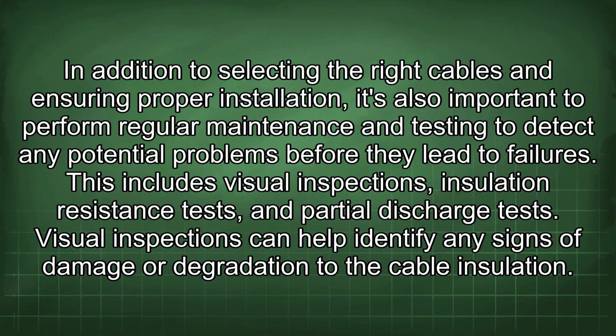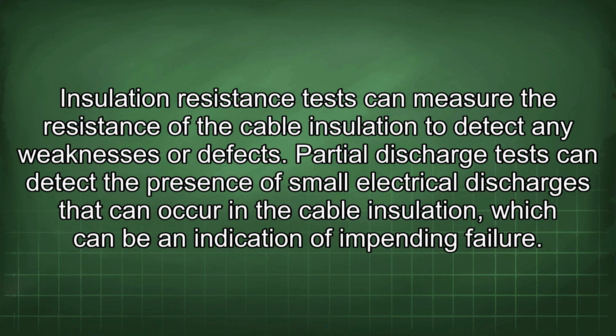In addition to selecting the right cables and ensuring proper installation, it's also important to perform regular maintenance and testing to detect any potential problems before they lead to failures. This includes visual inspections, insulation resistance tests, and partial discharge tests. Visual inspections can help identify any signs of damage or degradation to the cable insulation. Insulation resistance tests can measure the resistance of the cable insulation to detect any weaknesses or defects.